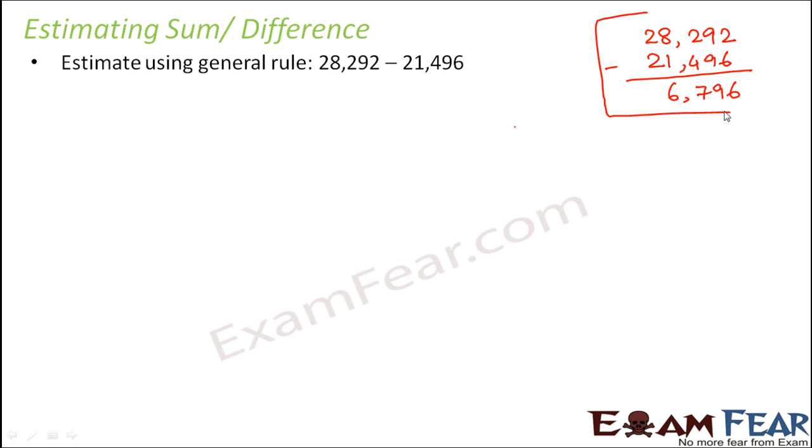Now let us try to round off these numbers. In the first case, let us round it off to the 10,000s place, because we have 28,292 and 21,496.